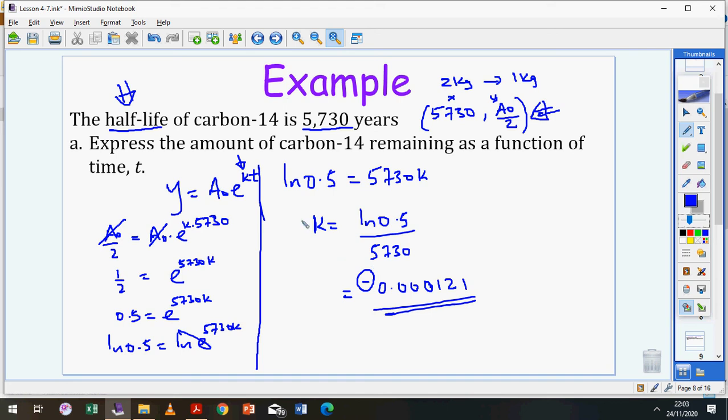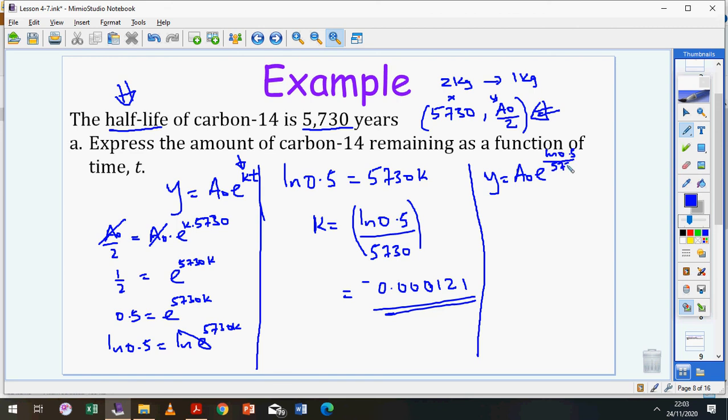So since I have my k value up here, I can express the amount of carbon-14 remaining as a function of time. So my equation is going to be y is equal to n naught e to the power k, which is this whole thing. I don't want to write that, so I'm going to write natural log 0.5 divided by 5730 times t, right?